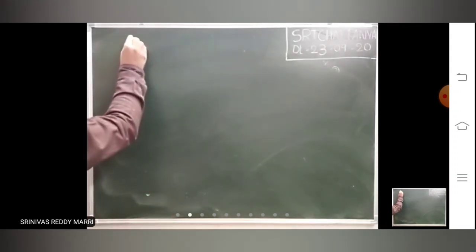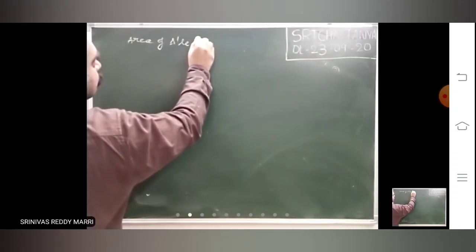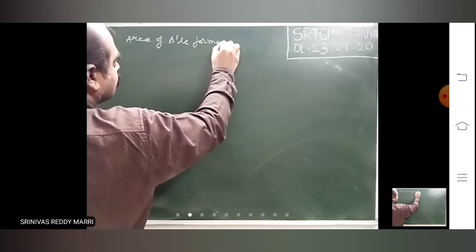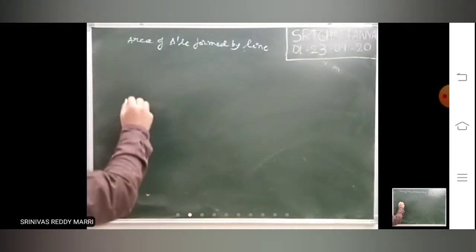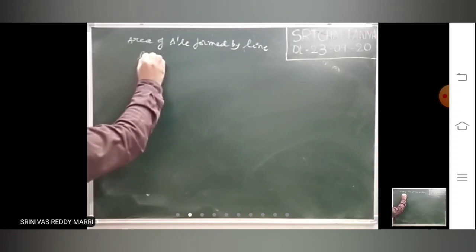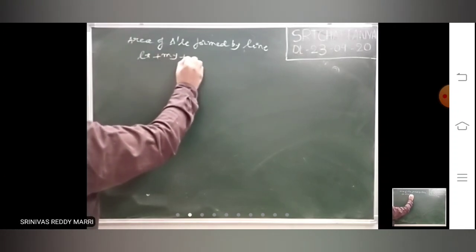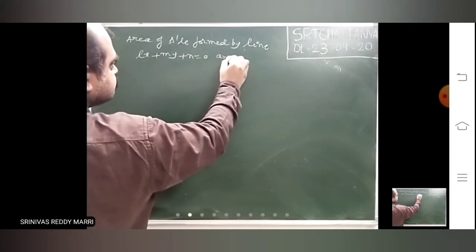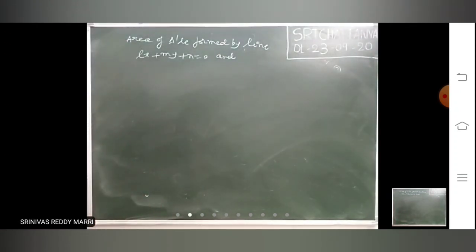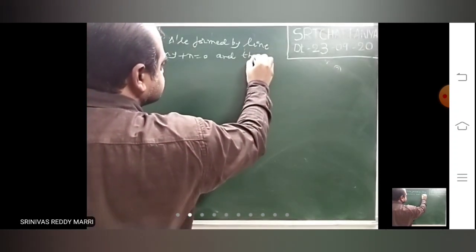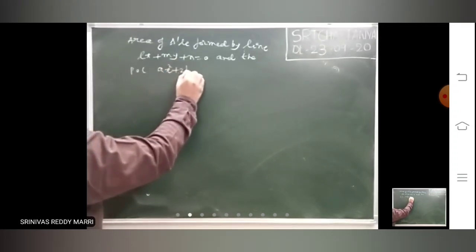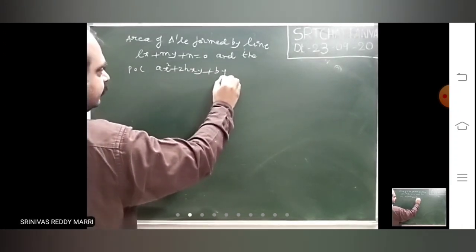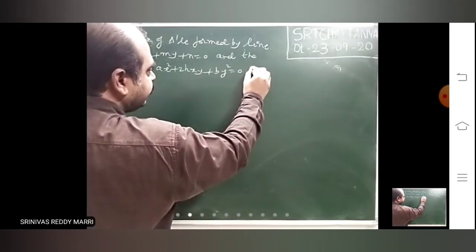I will tell the formula. Area of the triangle formed by the line Lx plus My plus n equal to 0 and the pair of lines ax square plus 2hxy plus by square equal to 0.